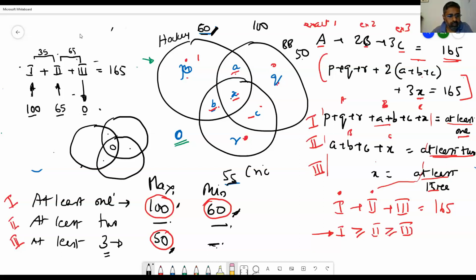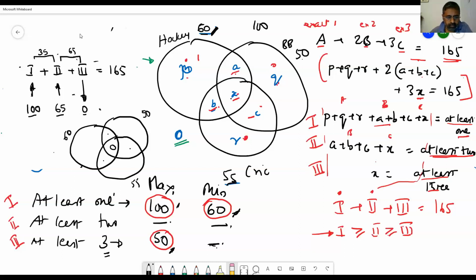How do we split it? Get this 50 here, 55 here. So I have a doubt.